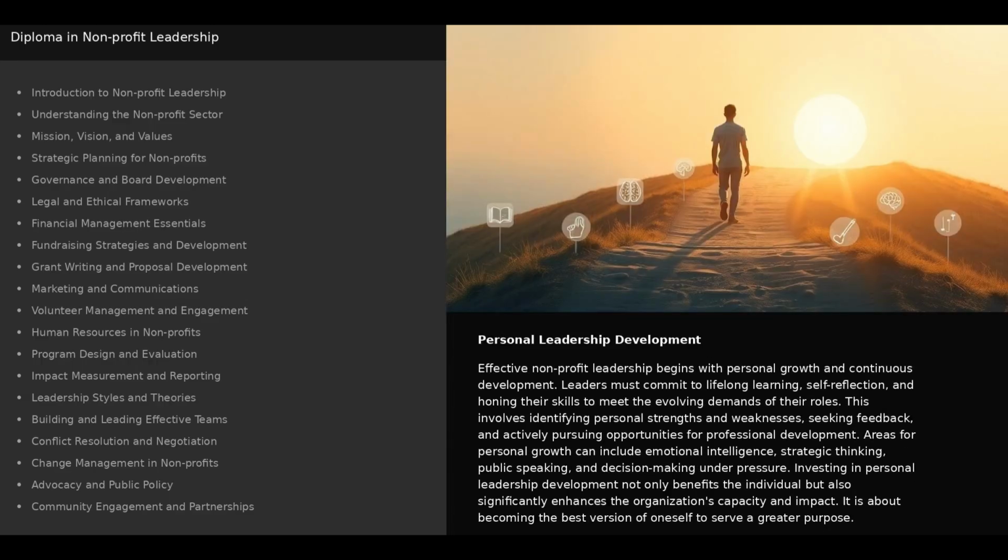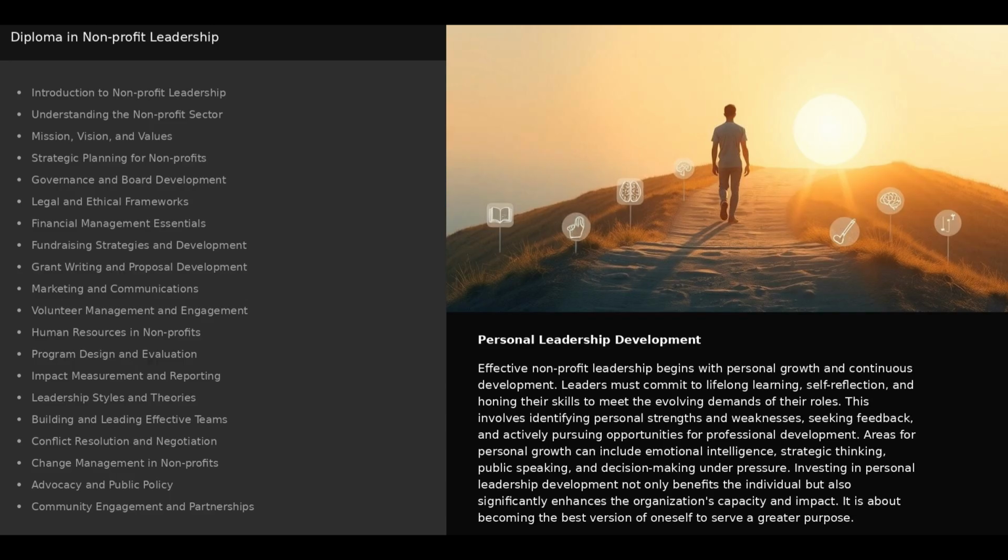Personal leadership development. Effective nonprofit leadership begins with personal growth and continuous development. Leaders must commit to lifelong learning, self-reflection, and honing their skills to meet the evolving demands of their roles. This involves identifying personal strengths and weaknesses, seeking feedback, and actively pursuing opportunities for professional development.